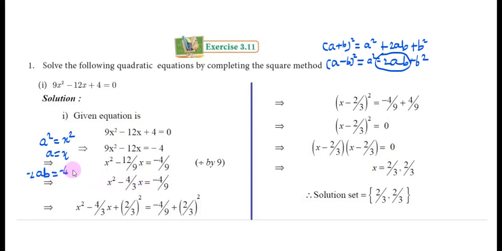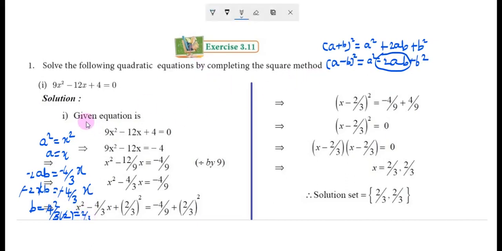Here a value is x, you know, so minus 2x into b equal to minus 4 by 3x. Okay, so minus minus cancel and x will be cancelled, and b equal to 4 by 3 into 2, so cancelling gives 2 by 3.